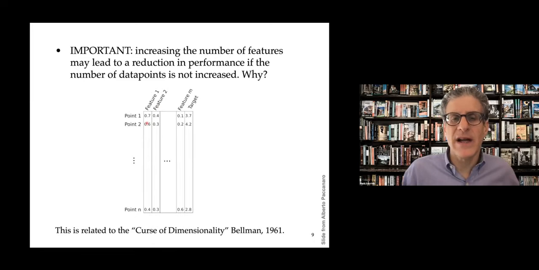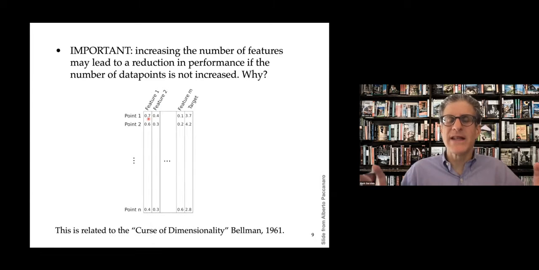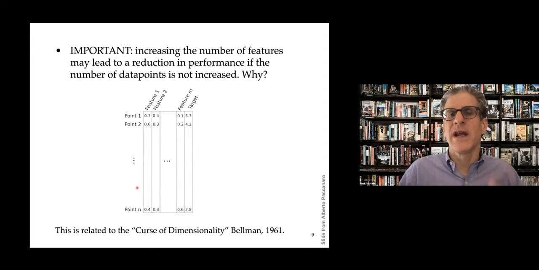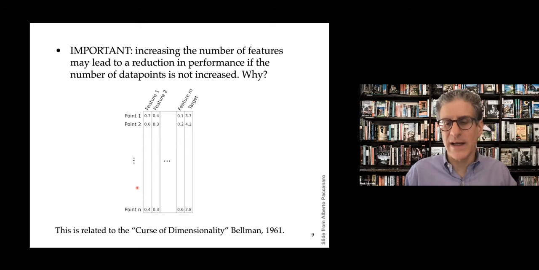If you think of each of these features as an axis in a high dimensional space, the dimension of the space grows really large relative to the number of points, and the volume of the space relative to the amount of points increases quite dramatically. That's another particular reason to avoid adding in extra features.